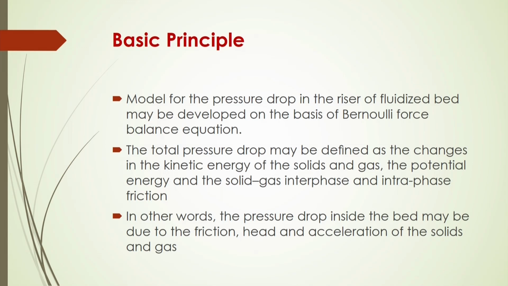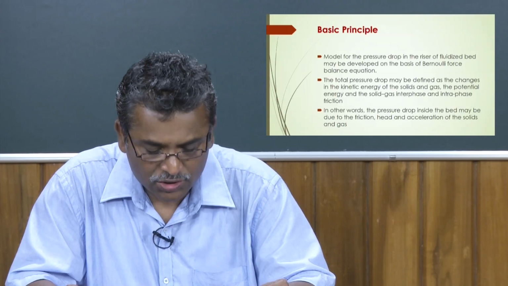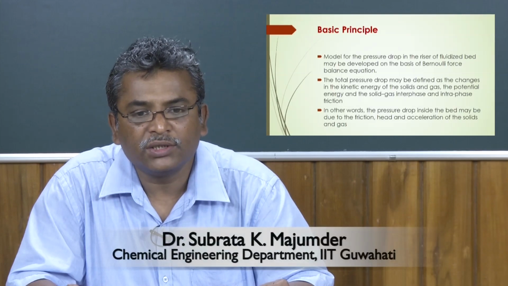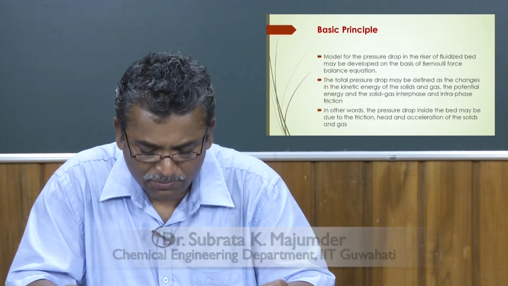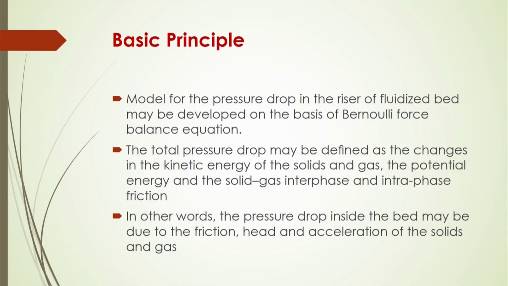Based on that, we can obtain the pressure drop by changing the velocity, and also by changing the elevation of the fluidized bed, or the level of the mixture of fluid and solid particles inside the bed. The pressure drop also depends on the level of the bed. So, the total energy should remain constant as per Bernoulli's theory, and based on this force balance equation, the total pressure drop or frictional pressure drop may be obtained.